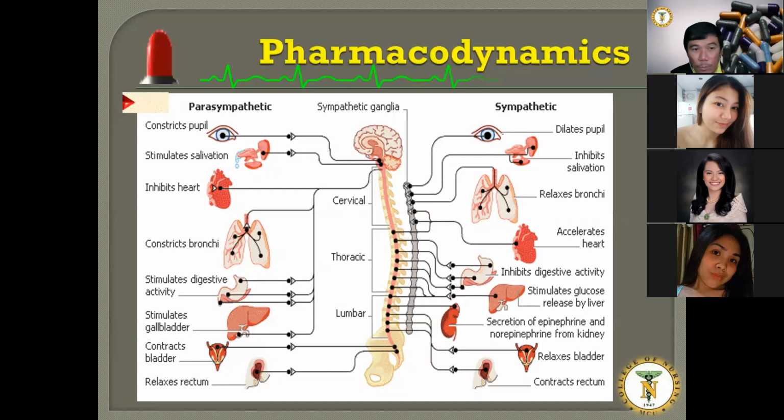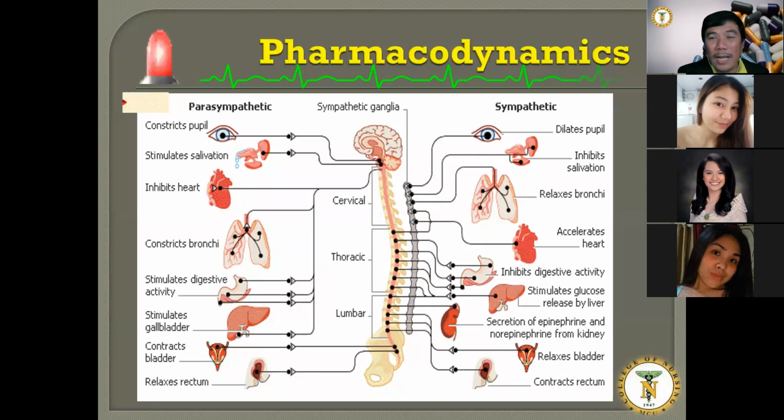So let us now proceed with the details. So let us now consider the difference between parasympathetic and sympathetic nervous system. Okay, if you can still remember the fight or flight, yung fight or flight are associated with sympathetic. Okay, fight or flight, sympathetic.